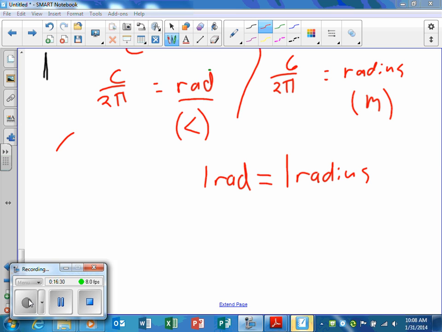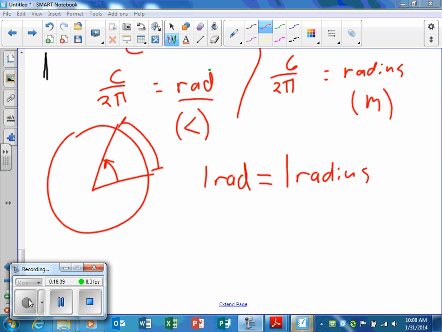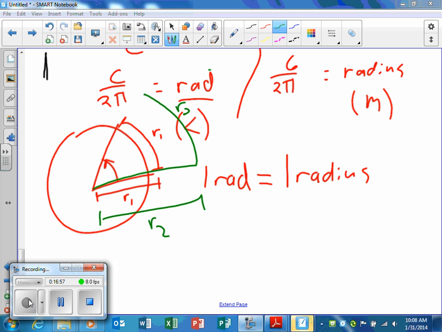So if we have our circle here and we sweep out a full rad, then in arc length we sweep out 1 radius. So at this point those two distances are equal. If we go a little further out, then these two distances are equal.